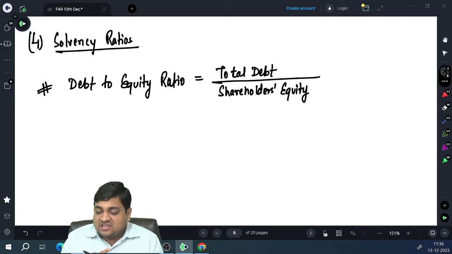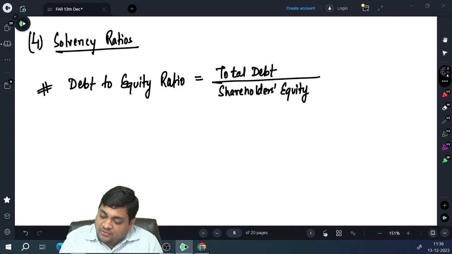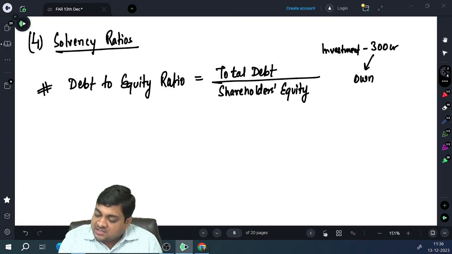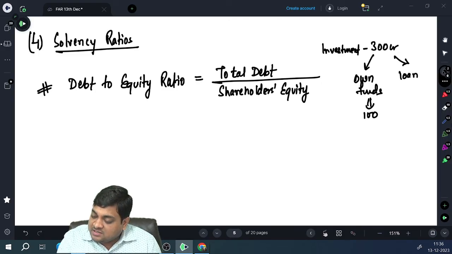Now in India, the standard debt equity ratio is 2:1. It means if you have an investment project of 300 crores, this is an investment opportunity, right? So basically you need to put your own funds of 100 so that you can get loan funds.